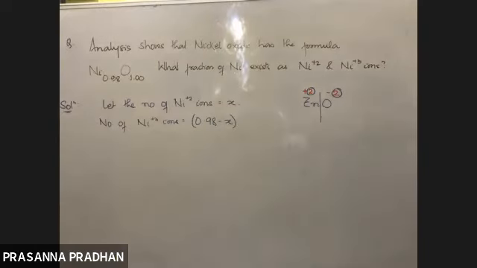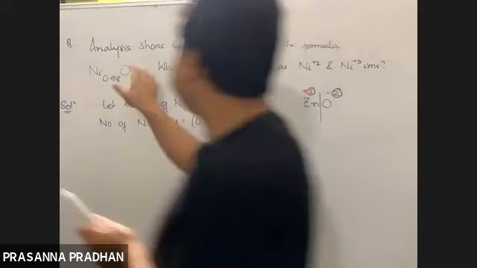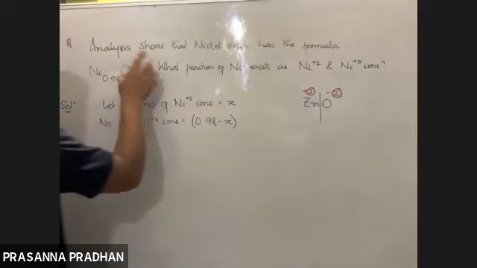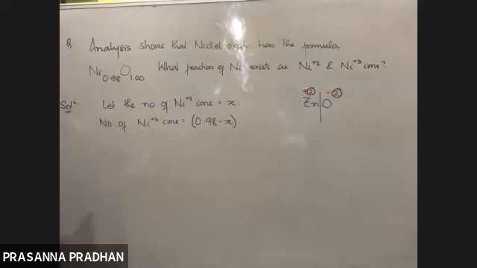The magnitude of the positive charge and the magnitude of the negative charge must always be the same. Obviously the charges are opposite, but talk about the magnitude. The compound is neutral, so the net magnitude of the positive charge and the net magnitude of the negative charge must be the same.